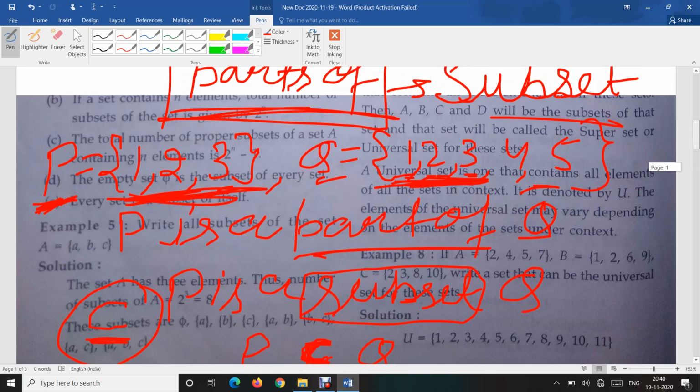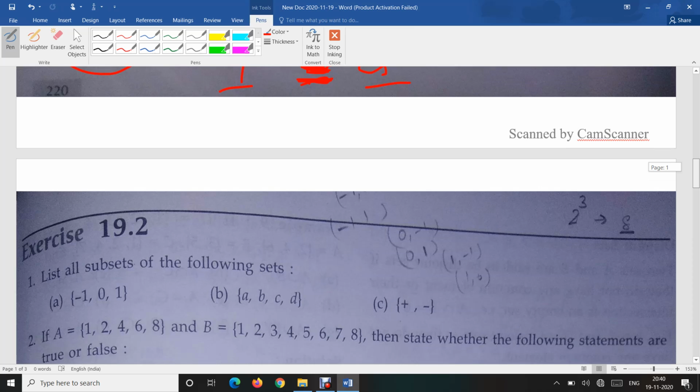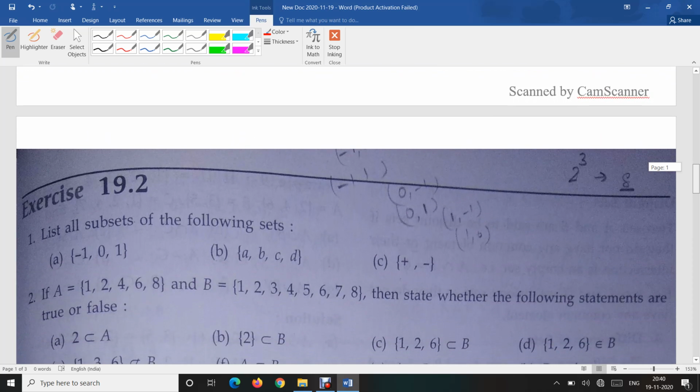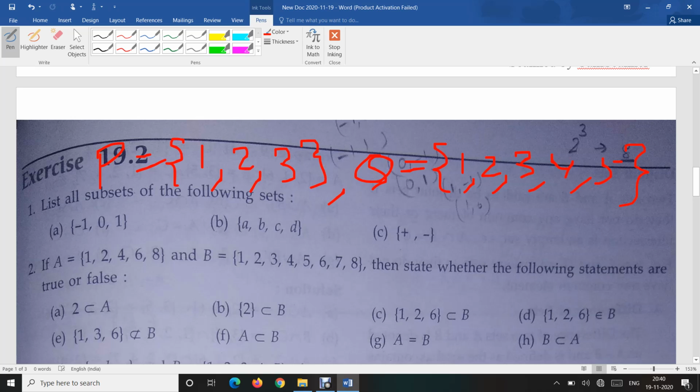Now, after that we have one more thing. As you see, P is equal to 1, 2, 3 and Q is equal to 1, 2, 3, 4, 5.